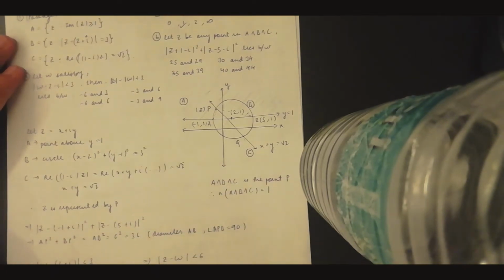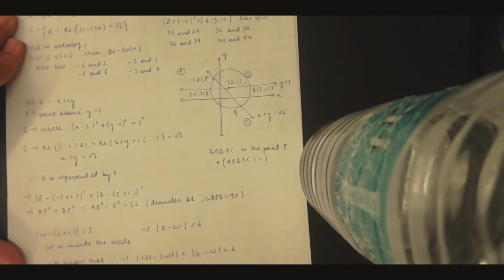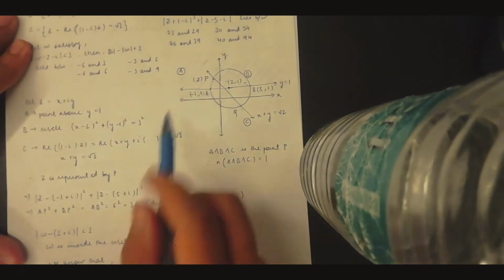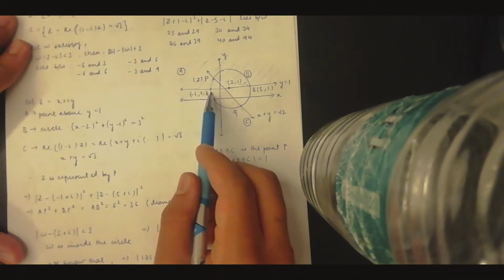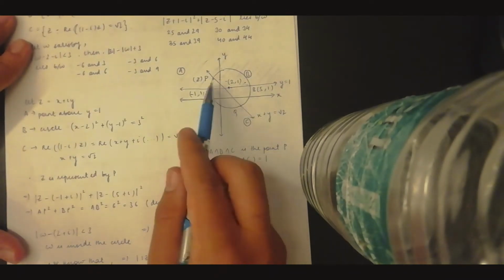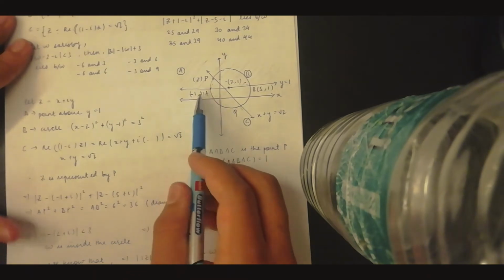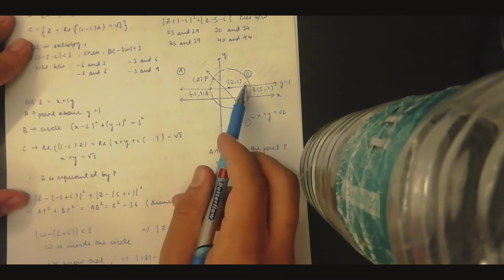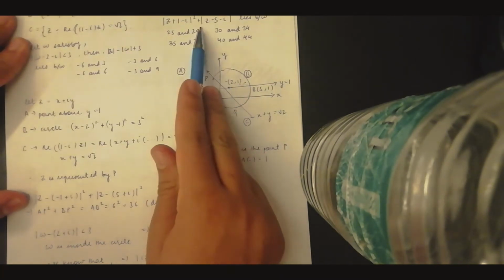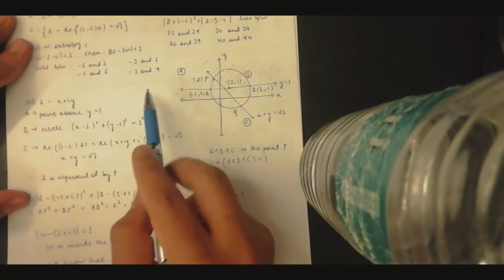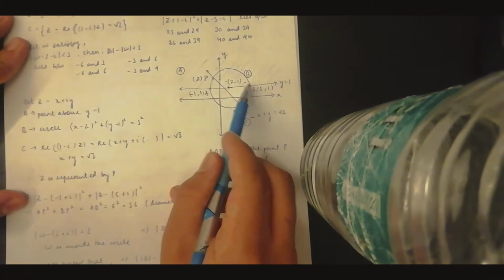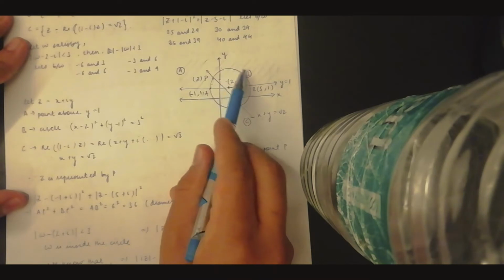Now taking this equation, this plus this square basically means that there's a point A and a point B on this circle, and the square of this distance plus the square of this distance is our expression here.